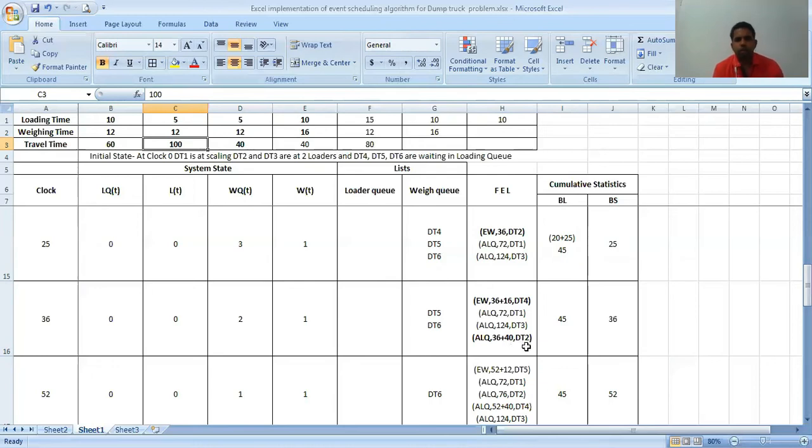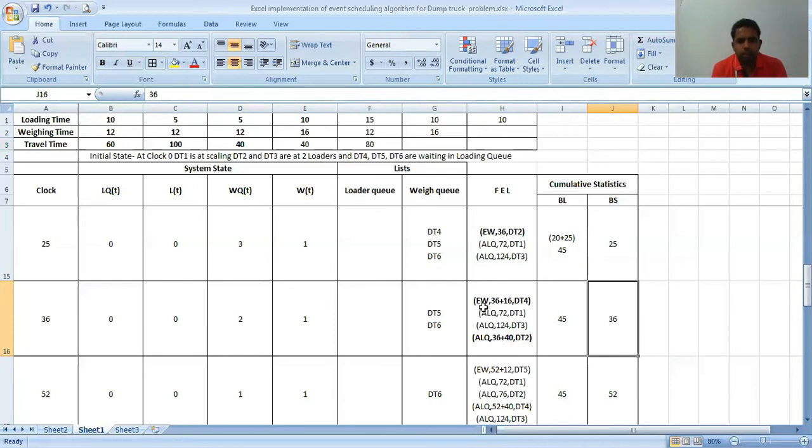So after 40 minutes, DT2 should come back to the loading queue. And the loader was busy up to 45 minutes only, so it's going to be the same, no updation. And the scaling machine was busy till the clock time 36. That's the reason it is 36 only.